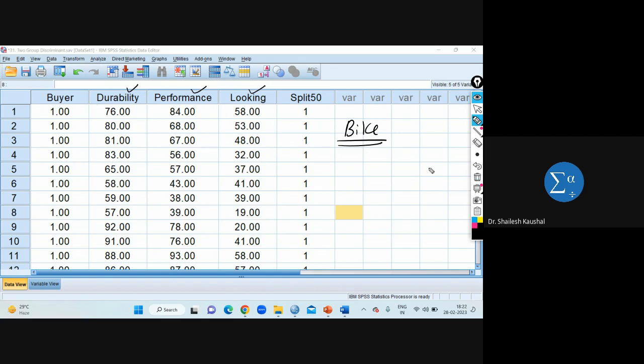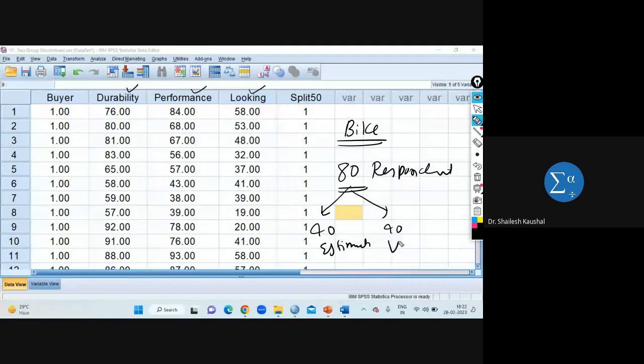So we collected data of 80 respondents, and I divided this data set into two groups: 40 sample size for estimation purpose and 40 sample size for validation purpose, for checking the cross validity, whether the results are the same for the two samples or different.